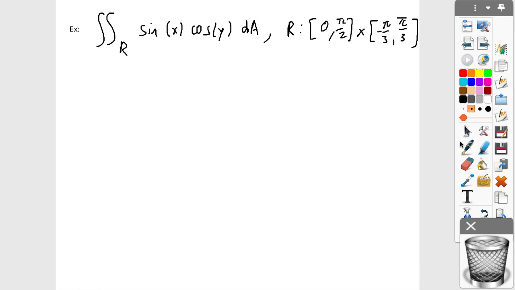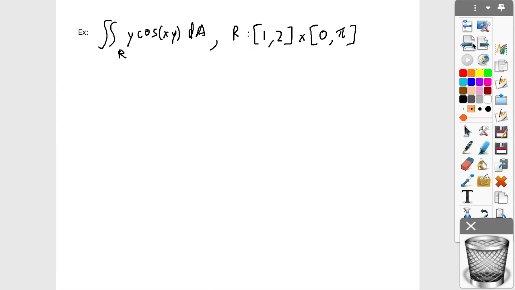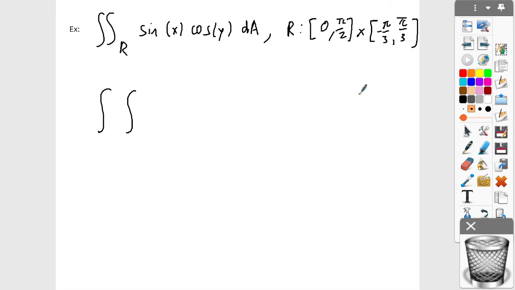Let's do another problem. We're going to talk about this notation now. So what does this notation mean? It's just intervals, basically. This is a rectangle, R for rectangle.